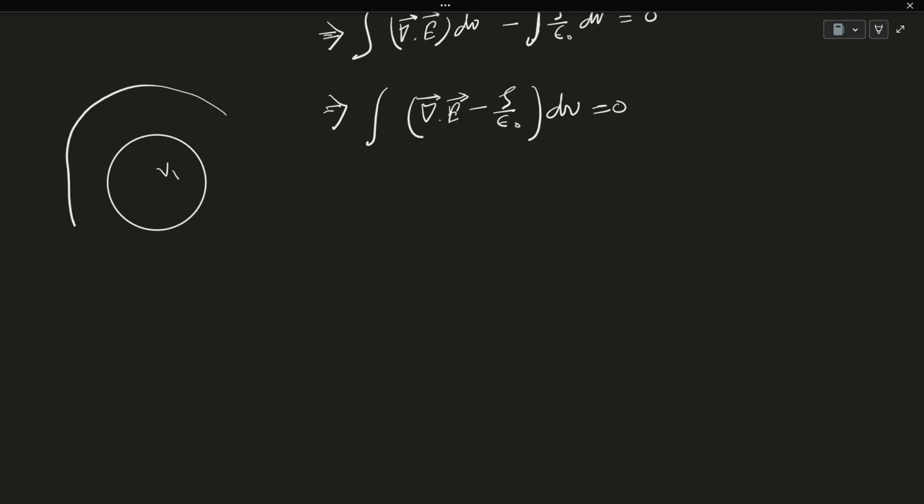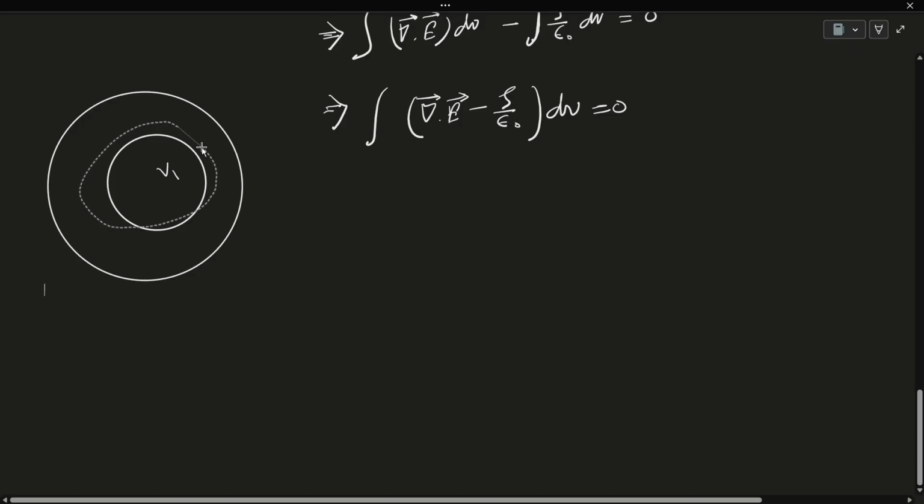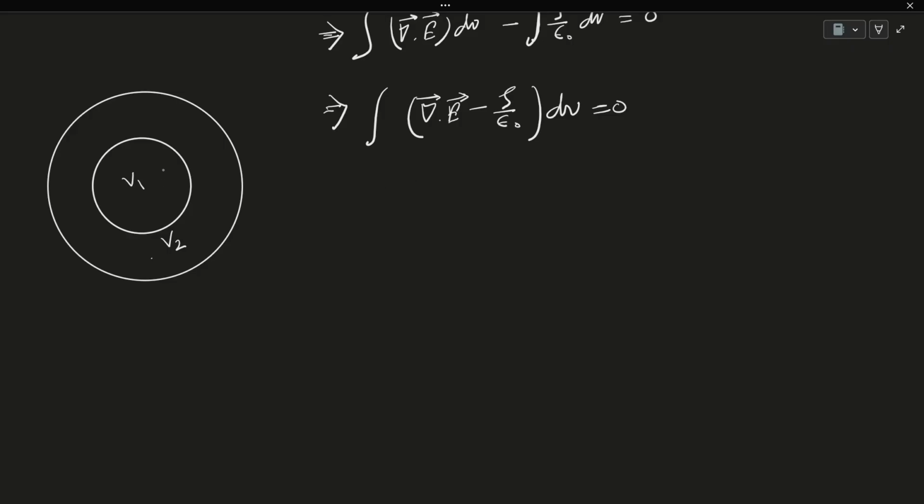Let's say this is V1 and this is V2. It doesn't matter whether the surface is enclosing the smaller volume V1 or the bigger one V2. The integration value is zero, independent of the amount of volume enclosed by the surface.